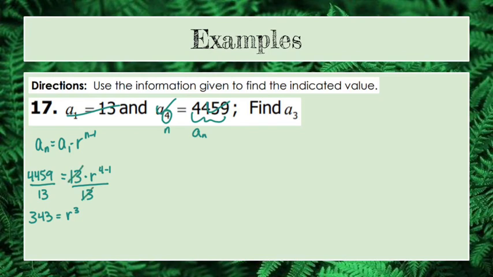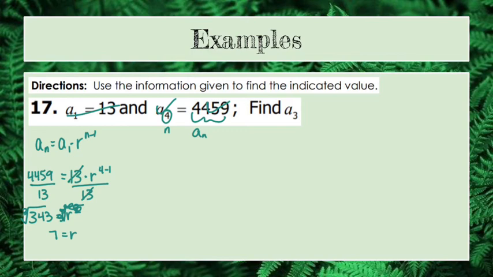These 13s get to cancel, and then we get 343 on the other side. So now we are going to take the cube root of both sides. And these will cancel each other, so we're just left with R on that side. And the cube root of 343 is equal to 7.